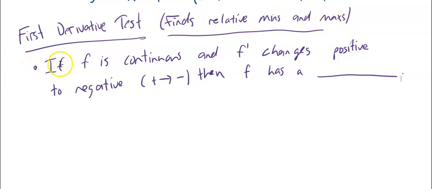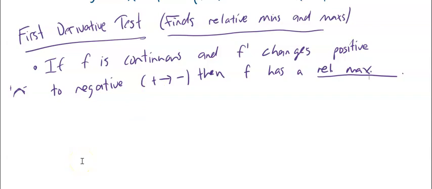It says if f is continuous and f prime changes positive to negative, which we can write as plus arrow minus, positive derivative to negative, then f has a fill in the blank. What are we going to put there? If the derivative changes positive to negative, then f has a relative maximum.